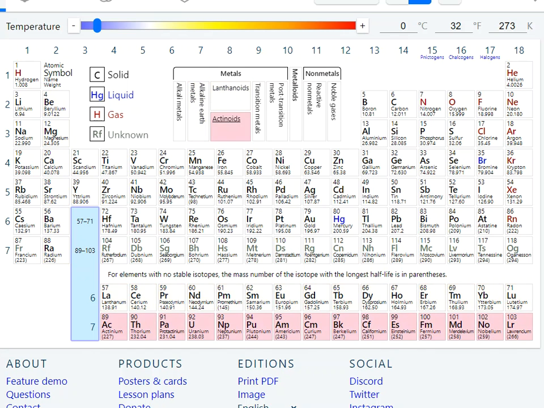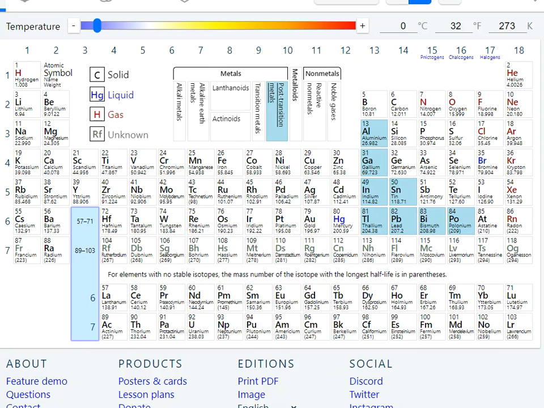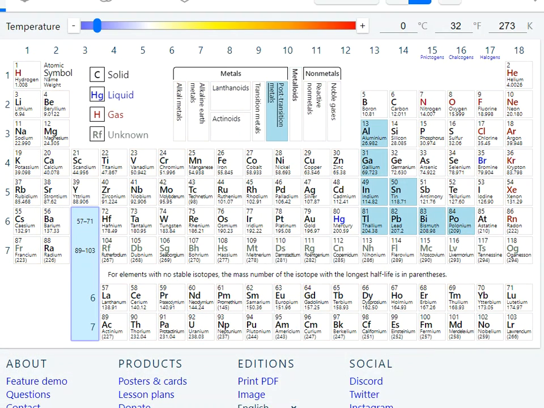All of my valleys, which include the 2 bottoms, as well as my transition metals, which are in the middle, as well as what we call post-transition metals, and metalloids.